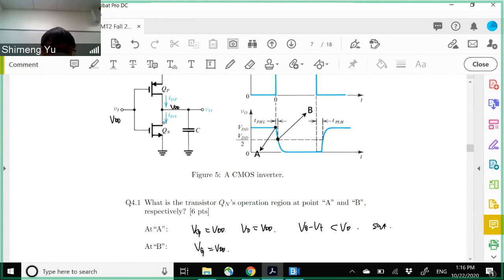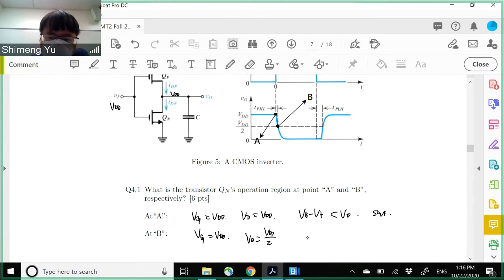The output is the VDS for the NMOS, so the VD becomes half VDD. Then we compare VG minus VT to VD.